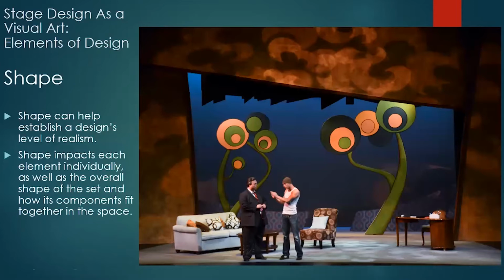This is a picture of a set we did for Sylvia many seasons ago, and we had some funky trees that slid on and off, and other really basic shapes we were playing with, a very graphic, almost cut-out-of-paper feel for that show, where we really played a lot with shape.